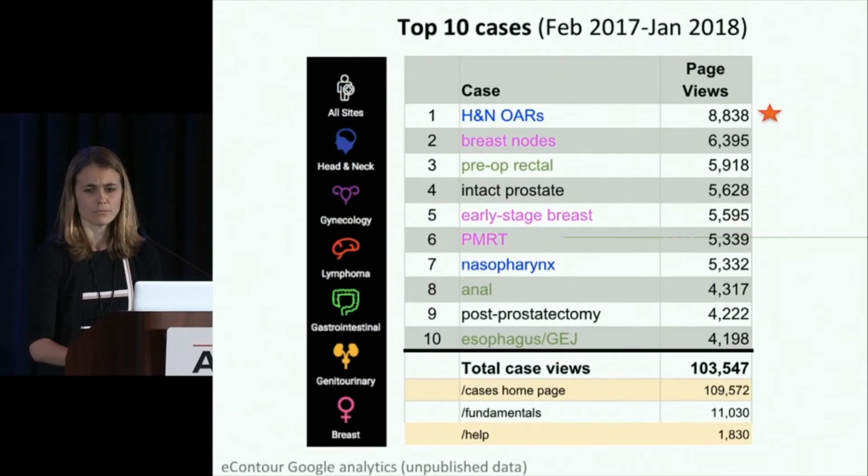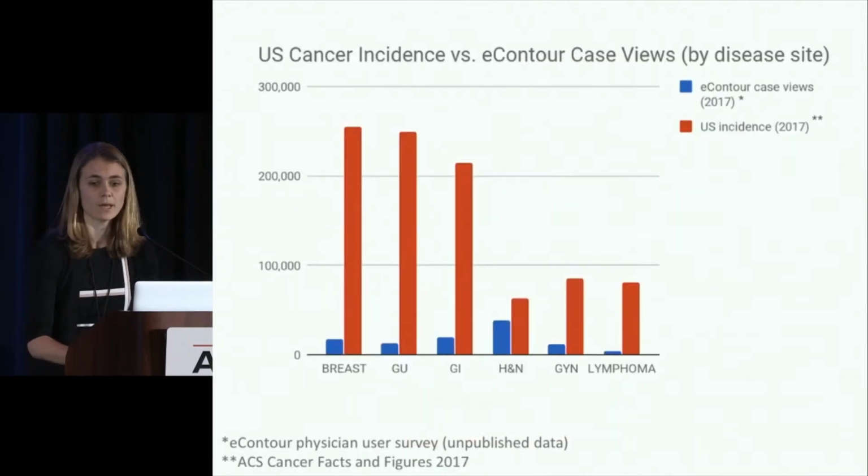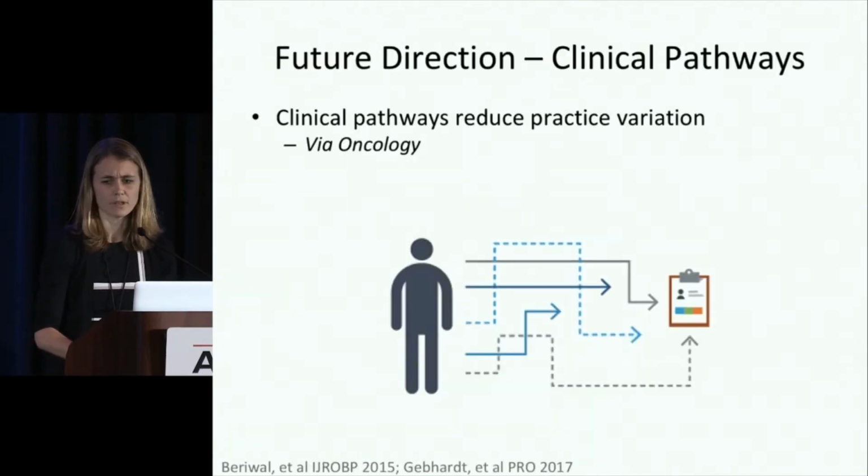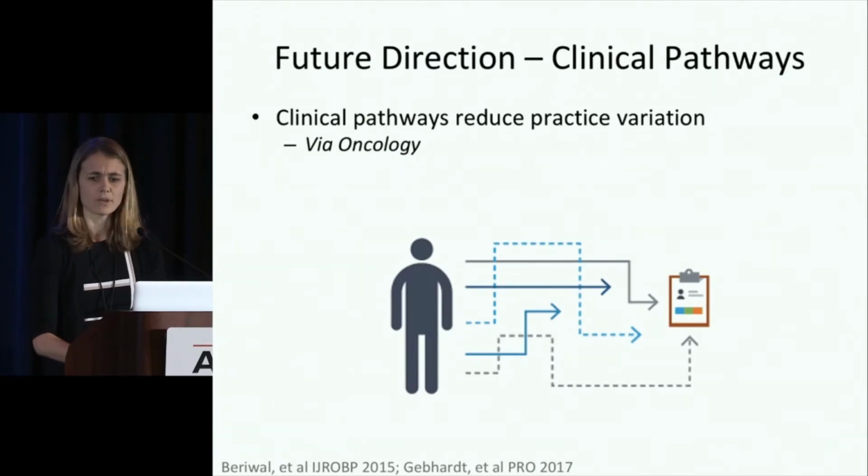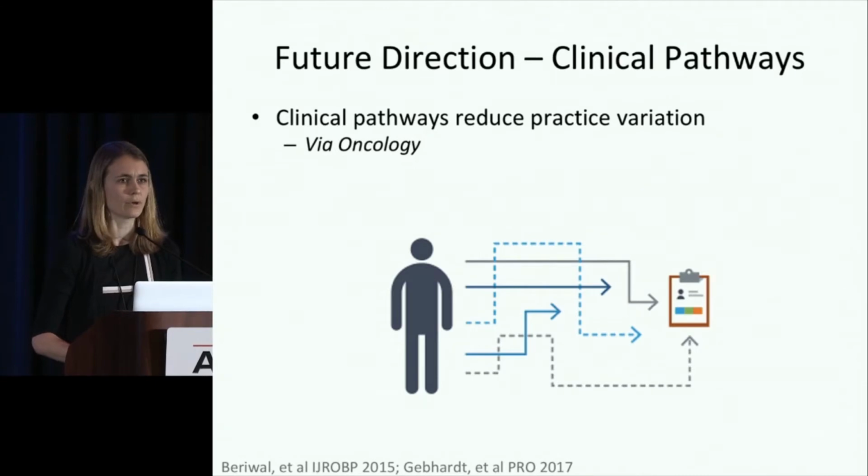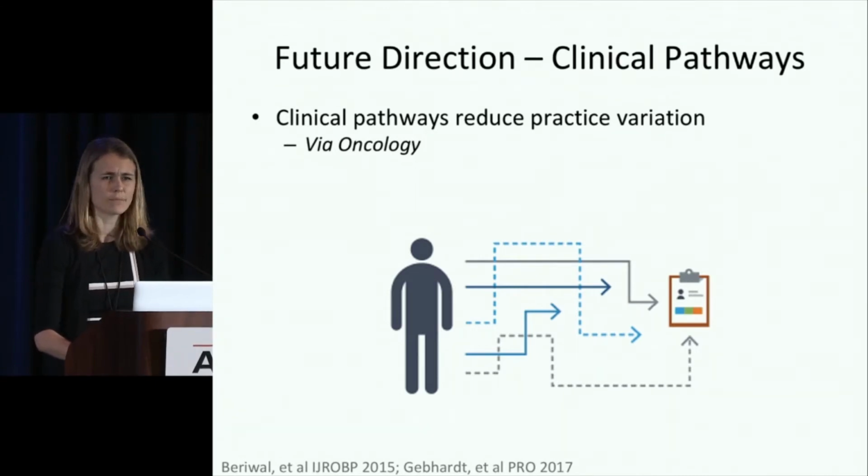And so these are the number of case views on the website, looking also at breast and GI. So then, just briefly, I'll skip over this. The next direction is that VIA Oncology is working on radiation-specific guidelines, or pathways, I should say, and some centers have now been using these.